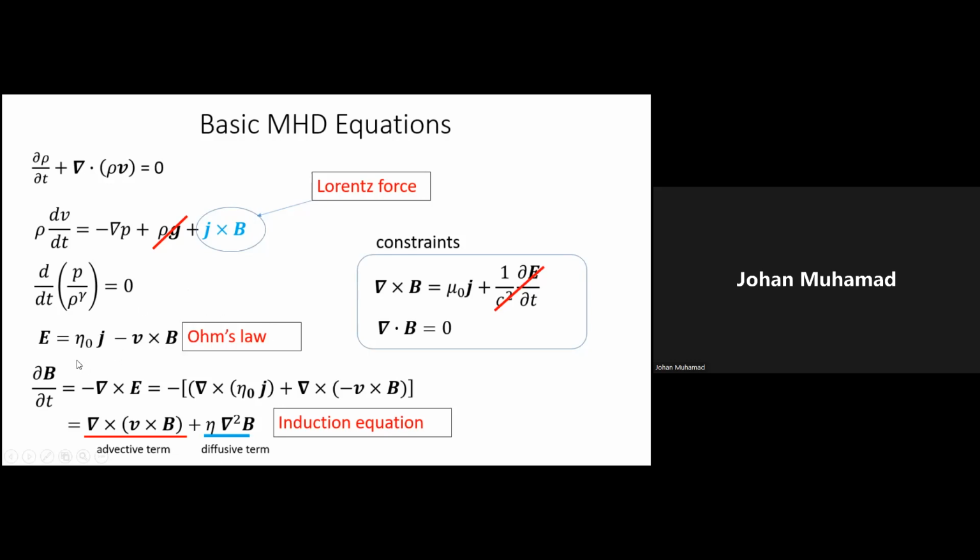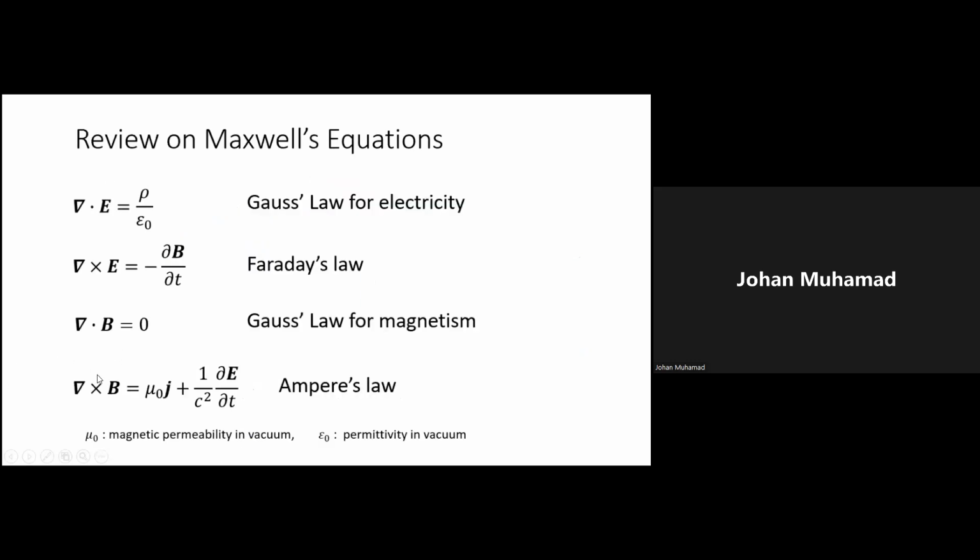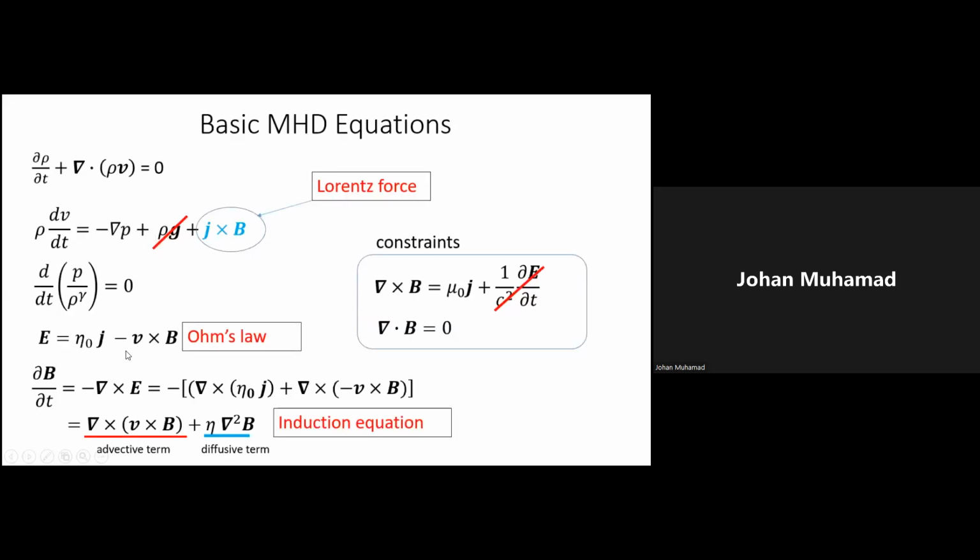And the final part is Faraday's law. In Faraday's law, we know that dou B over dou T equals minus curl E. Then if we substitute E with this expression and solve, we get this part.